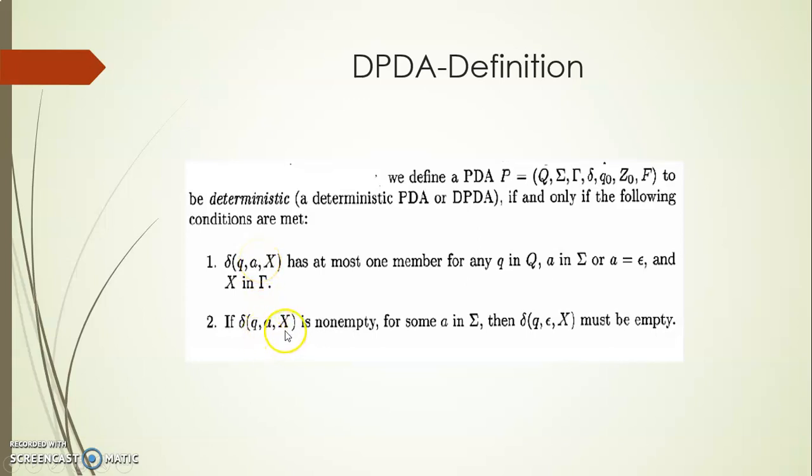If one is non-empty, then I should not have the other. Similarly, if I have a transition like this in my automaton construction, then I should not have a transition like this. Write this as the definition of deterministic push-down automaton. In the question paper, if they ask us to construct a deterministic push-down automaton, we should have this in mind and ensure that no such transition exists.